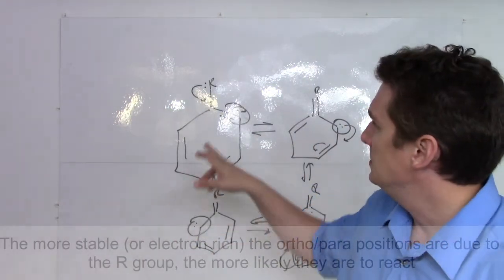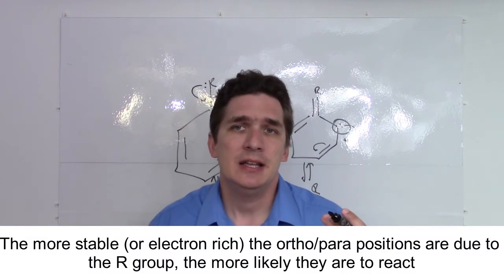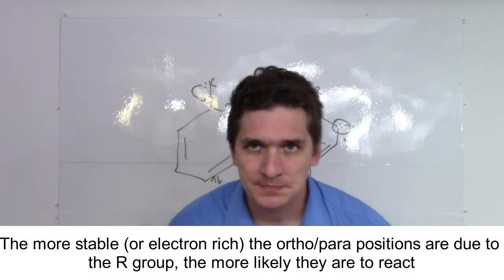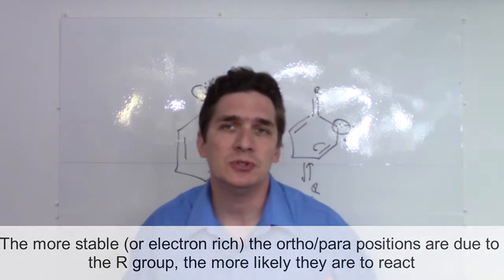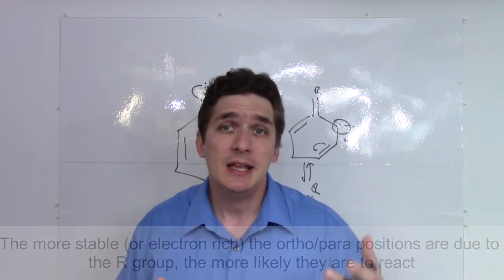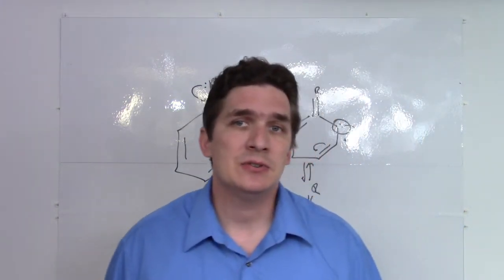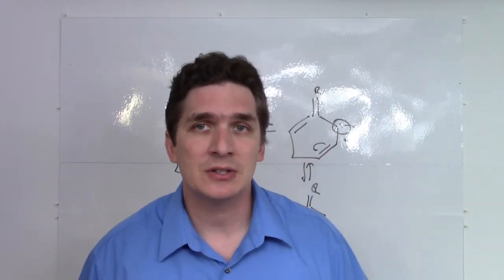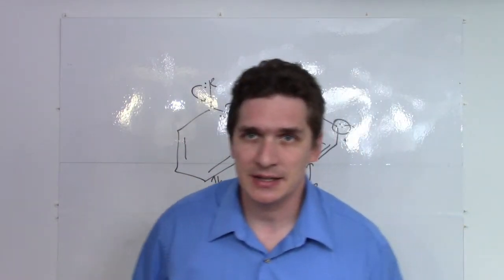If our R group adds electron density to these lone pairs, meaning that it's an electron donating group, this will make these ortho-para positions much more attractive to electrophiles. If the R group is electron withdrawing, meaning that the electronegativity or something about that group withdraws electron density from it, it'll make the ortho and para positions less desirable.